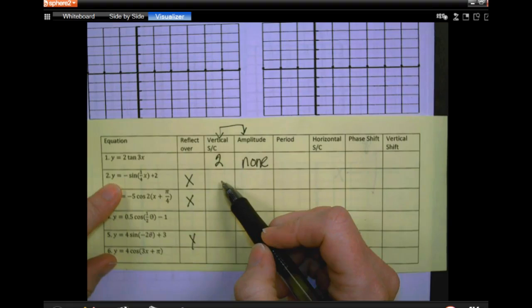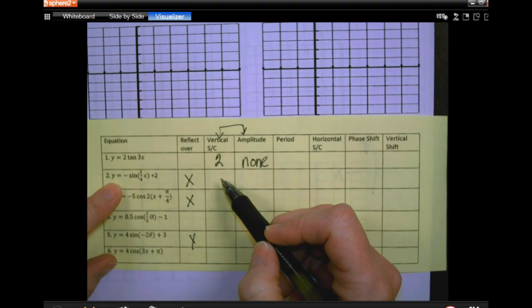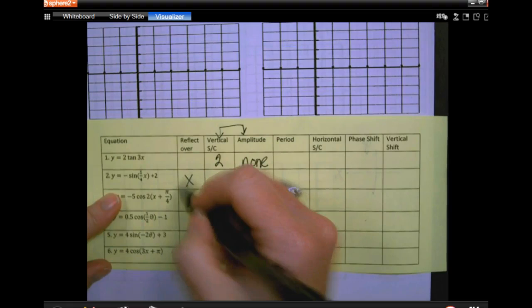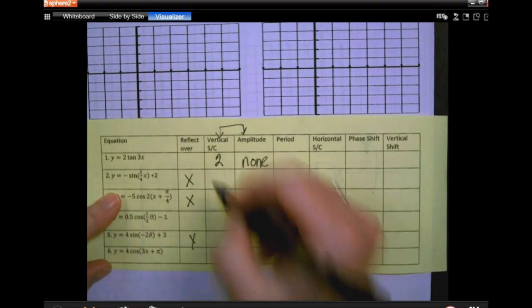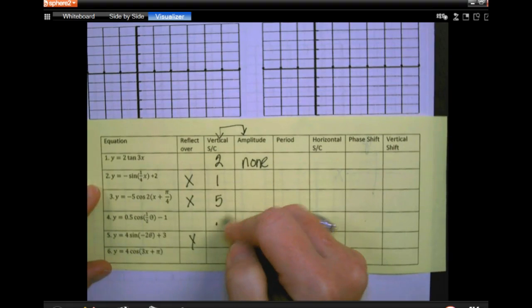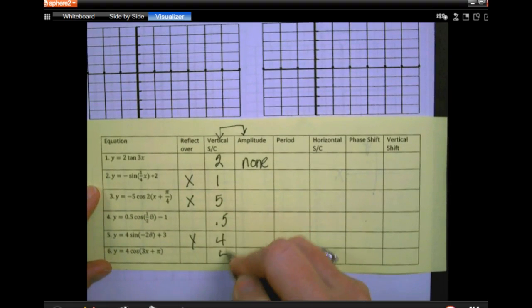So if you wrote -1 for the vertical stretch, that is wrong because the vertical stretch is always positive. The negative is the reflection over the x-axis. So if you put 1, that's okay. 5, 0.5, 4, and 4, and these are all the same. The 1, if you left it blank, that's okay.